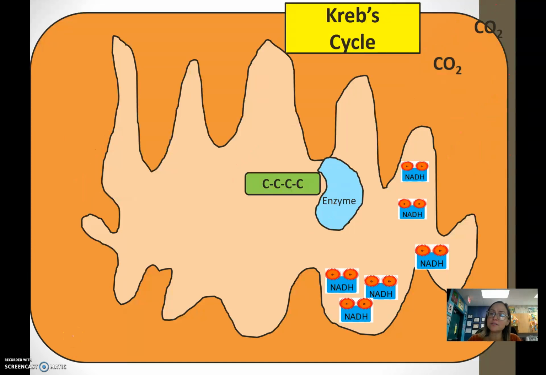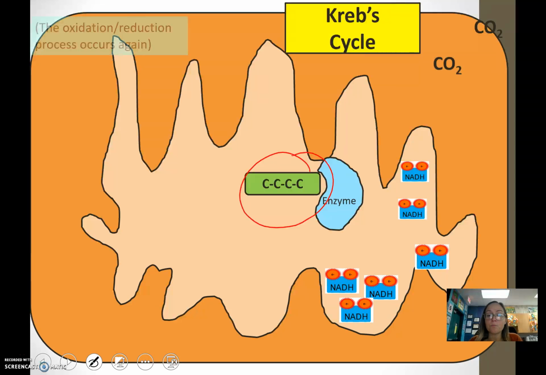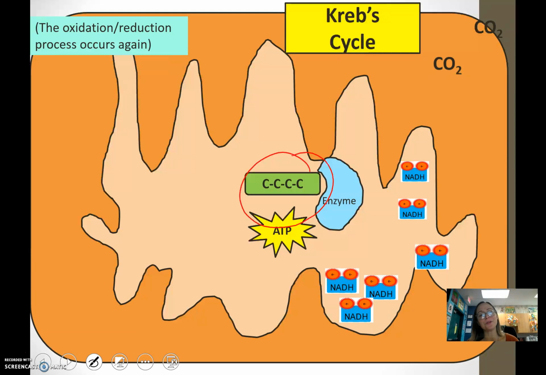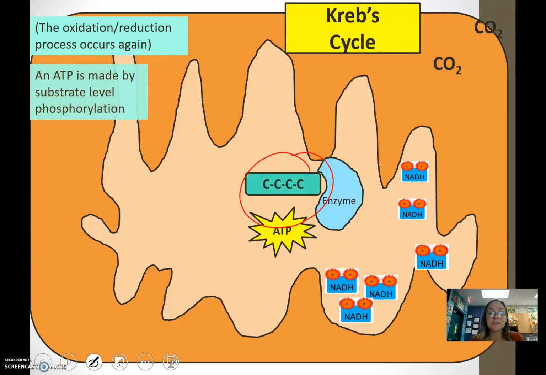Along those next steps, it's basically turning this 4-carbon molecule back into oxaloacetate. Along the way, we'll actually make 1 ATP by substrate level phosphorylation. And in relation to all of life, 1 ATP is pretty insignificant. The majority of our ATP will be made in the electron transport chain, but we still make 1 by substrate level phosphorylation. And then there are other enzyme-controlled reactions happening here in the Krebs cycle.